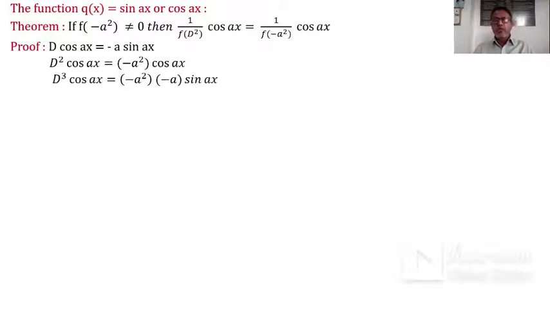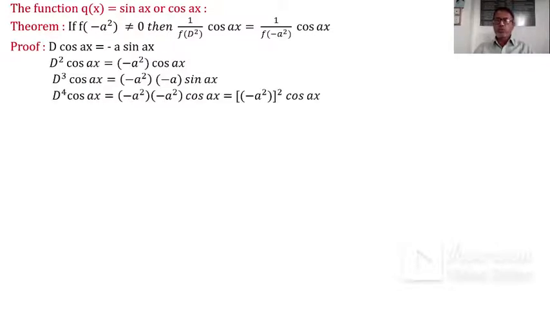Now we take the fourth derivative of cos ax. D to the power 4 cos ax is equal to the derivative of minus a square into minus a into sin ax. This is equal to minus a square into minus a into cos ax.